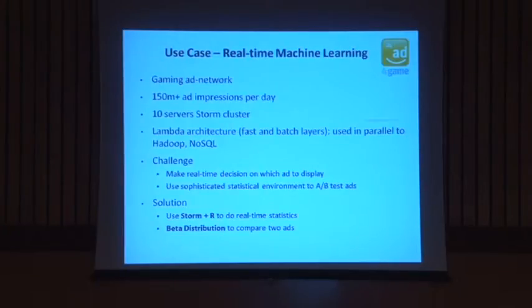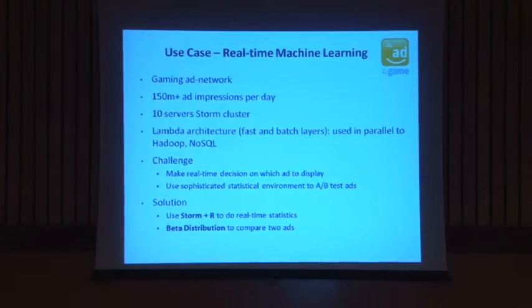Now, the next use case I wanted to show you is from a company called Ad4Game, which is a gaming ad network. We show online advertising related to computer games in this ad network. We have roughly around 150 million ad views per day in here.